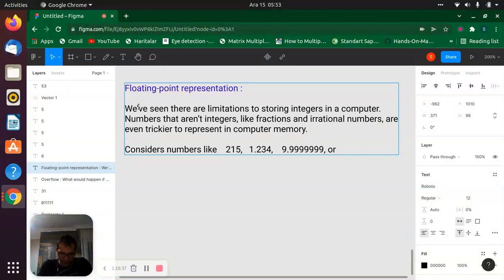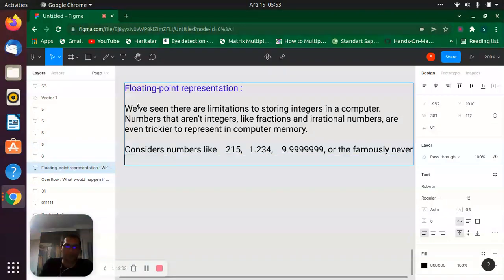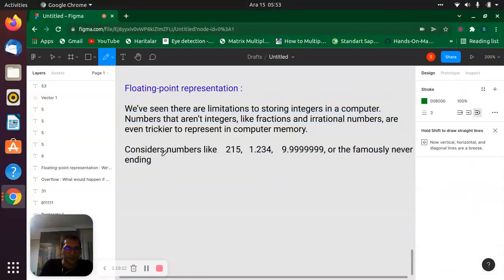Or the famously never-ending number. I don't have it, so I have to find out, but anyway, I will do it.